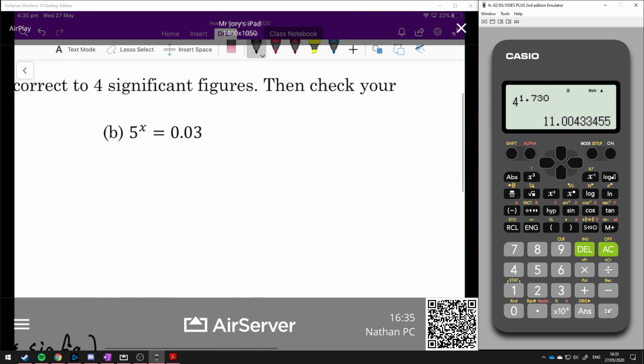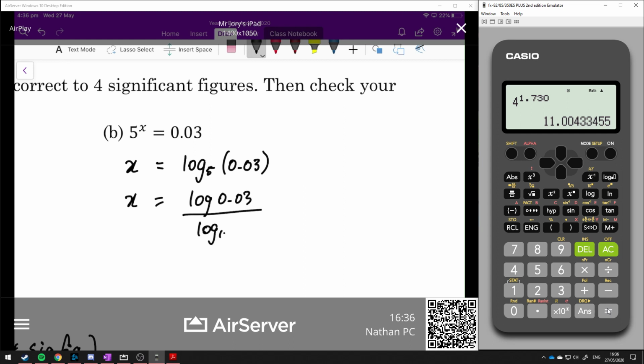5 to the power of x is equal to 0.03. Okay, so same thing again. I'm going to rewrite this in logarithmic form. So it's going to give us x is equal to the log base 5 again of 0.03. Okay, so to rewrite this in change of base form, it's going to be log of 0.03 over log, we should be having those 10s there as well, log base 10 of 5.